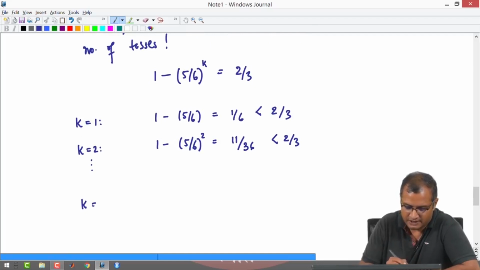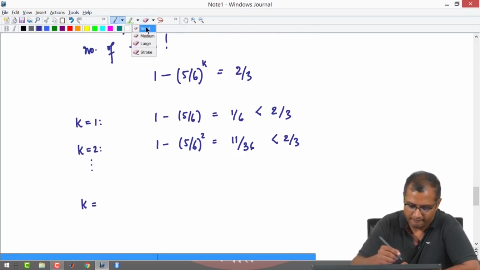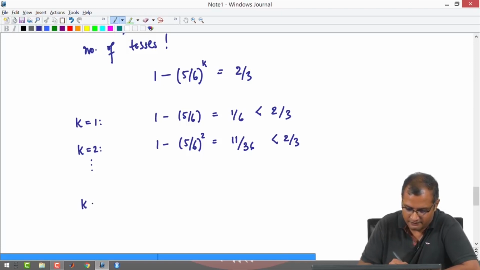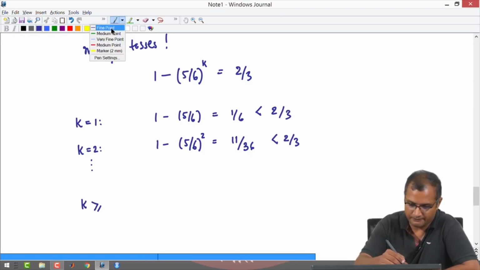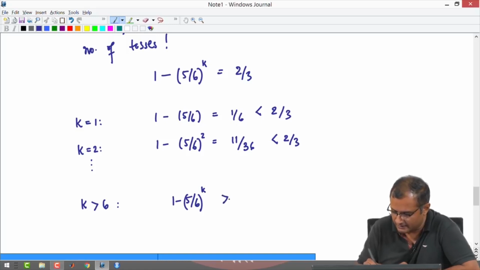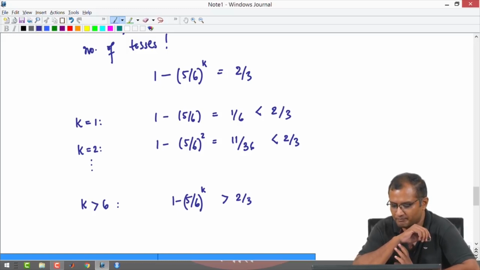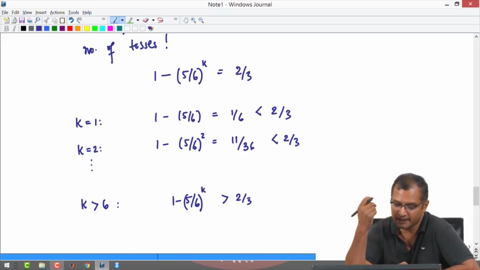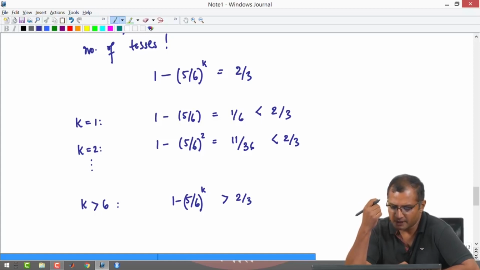Eventually, you will see that for k greater than 6, you will see that 1 minus 5 by 6 to the power k is basically greater than 2 by 3, because as k increases, 5 by 6 to the power k will become smaller and smaller, because 5 by 6 is already less than 1.